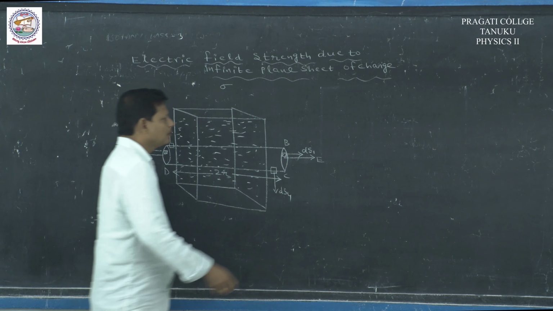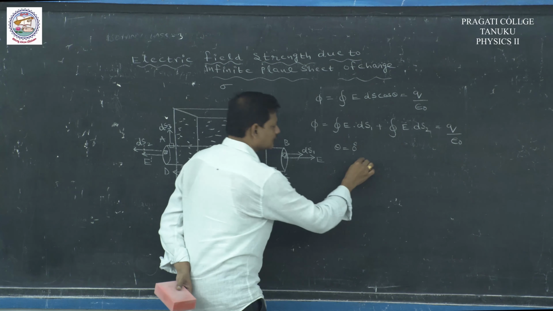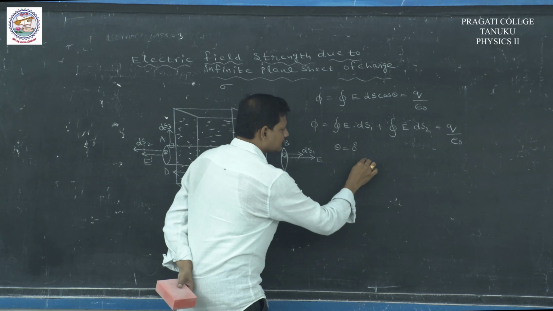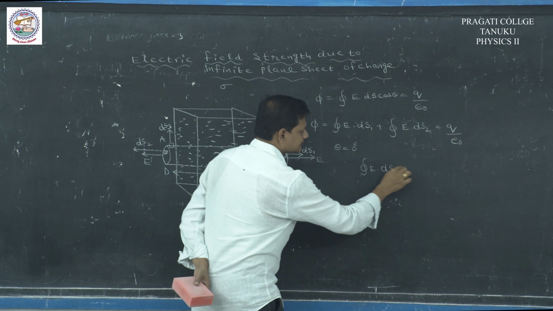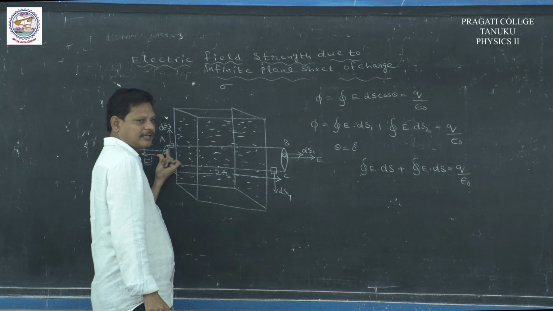So, the flux through ds1 and ds2 is q by epsilon naught, since theta is equal to 0 degrees. So, integral E ds is q by epsilon naught.